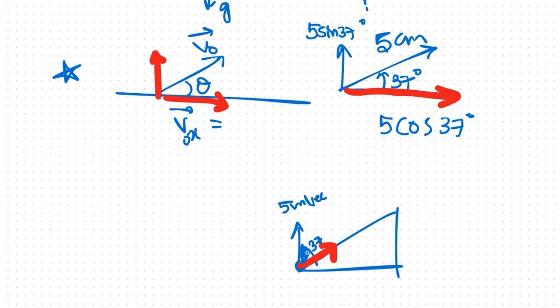Up to here is the 37-degree angle, right? So 5 cos 37. The perpendicular to it will be 5 sin 37.